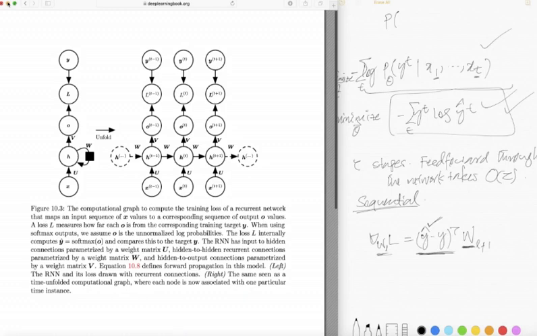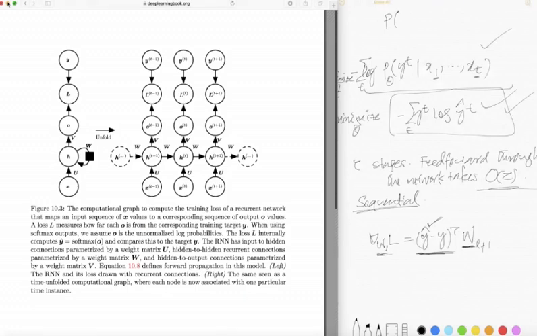So gradient calculation can always be decomposed into a forward flow and a backward flow. In each case, when you take a forward pass through this network, it's going to take order tau time, and the backward pass is also going to take order tau time.